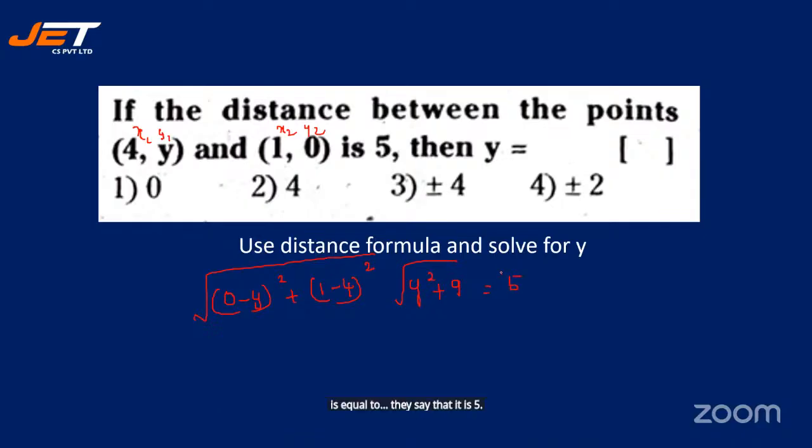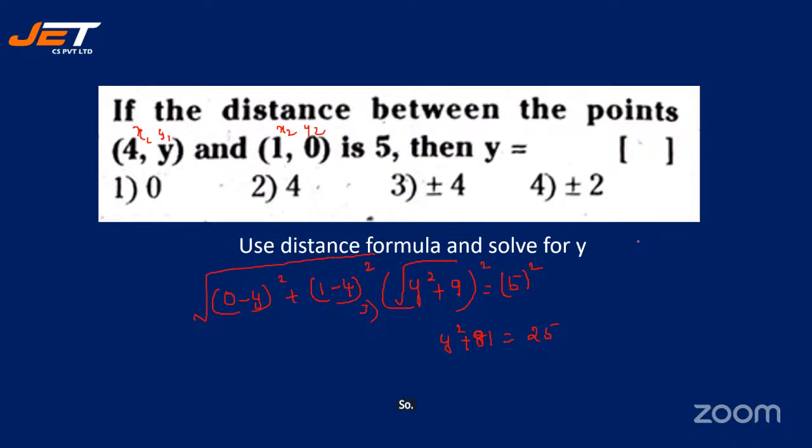So now what has to be done is just square both the sides. So if you square, what happens? You will get y square plus 9, and 5 square is 25.